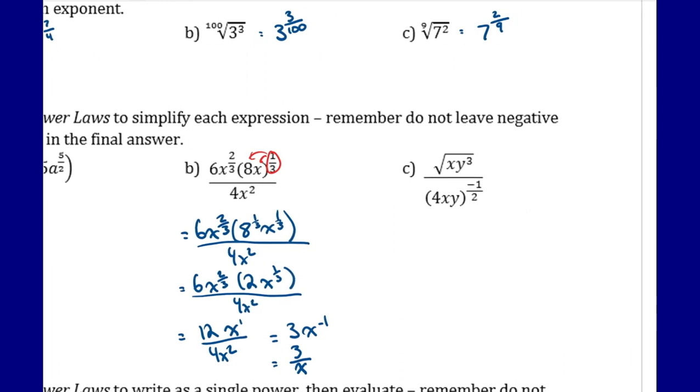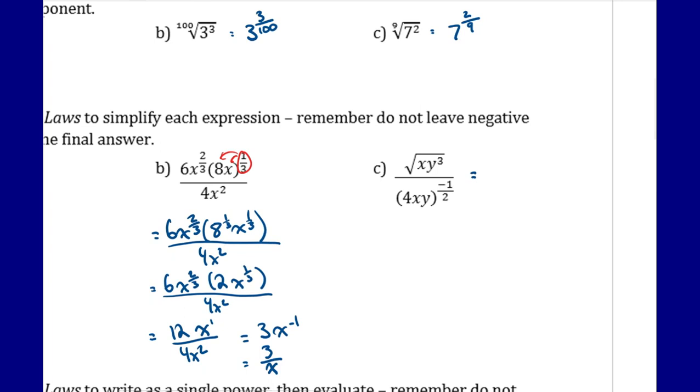For c, I have a radical, or a root, so I'm going to remove that. So (x y cubed) all to the power of 1/2, divided by 4xy to the power of -1/2.